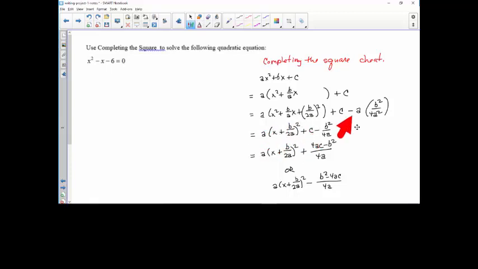The a times this, the a cancels with the a squared to give me just no a out in front and a 4a to the first in the denominator. So I have to add these together. 4a is the common denominator. So 4a over 4a times the c gives me 4ac over 4a. Got the common denominator, 4ac minus b squared.